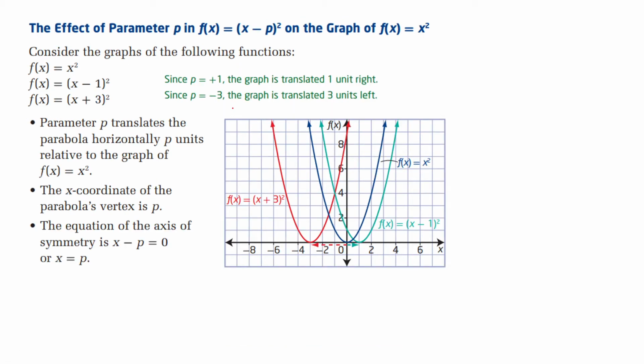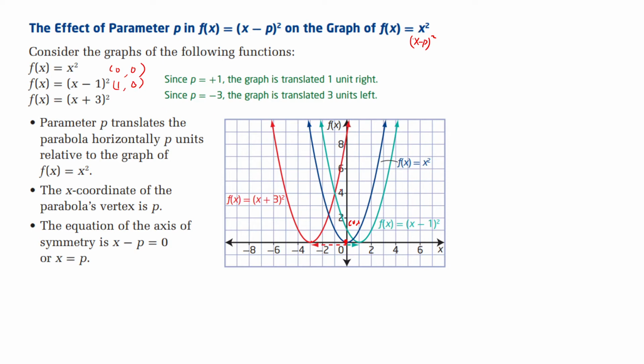And the third thing, the last thing we consider here, is the effect of parameter p if we subtract p from x. So it's just from x squared to (x minus p) squared. For example, we consider (x minus 1) squared. The original point (0, 0) will become (1, 0) if the y value doesn't change.